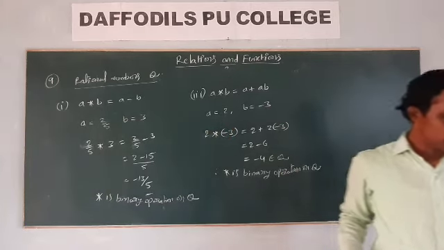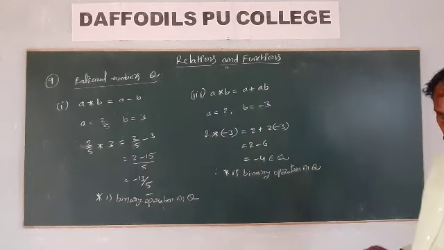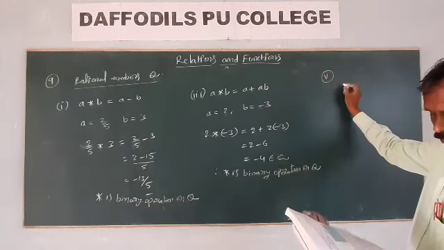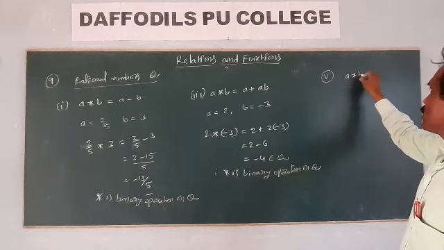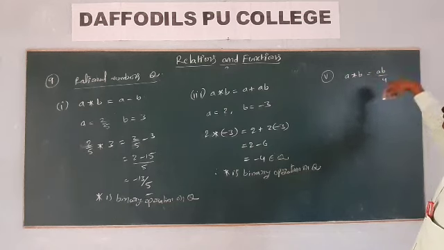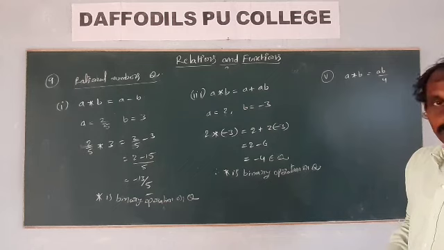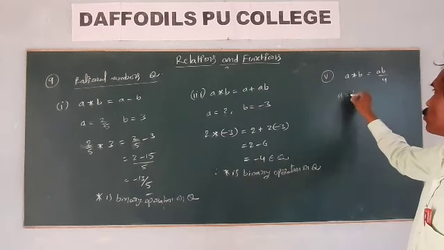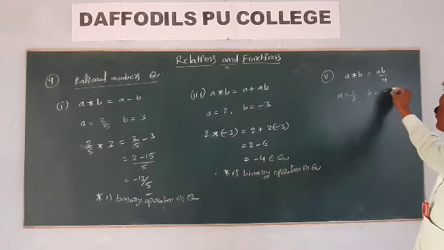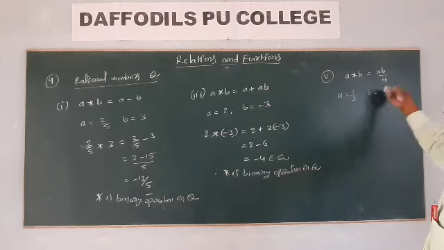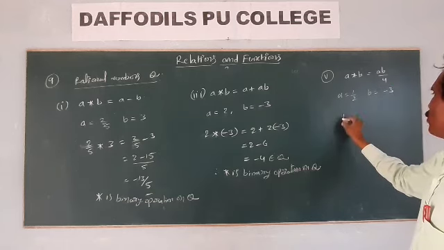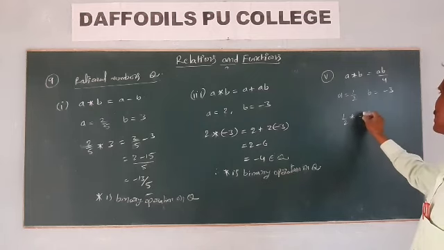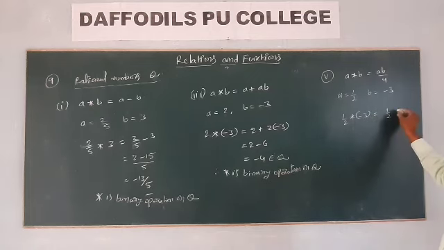Next, the fifth one: A star B is equal to AB by 4, all rational numbers. Let A is equal to 1 by 2, B is equal to minus 3. 1 by 2 star minus 3 implies 1 by 2 times minus 3 by 4, that implies minus 3 by 8. Does minus 3 by 8 belong to Q or not?